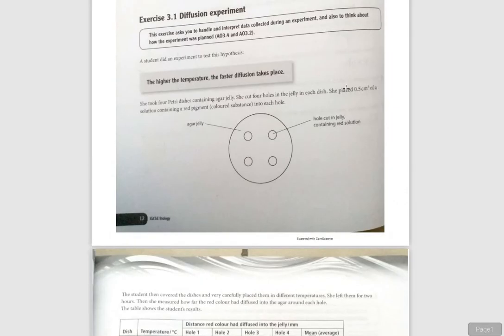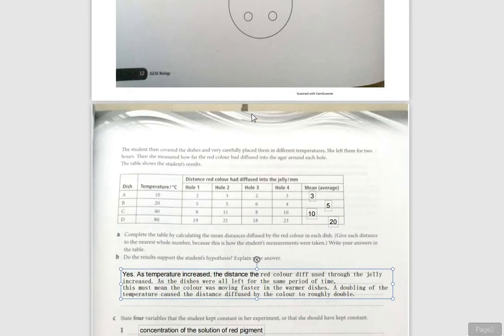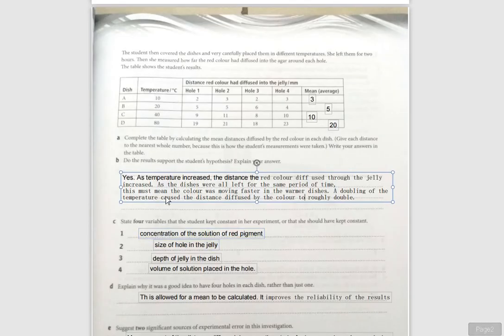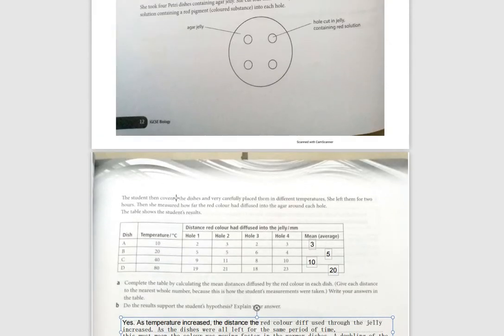They just said that she placed 0.5 centimeter cubic of a solution containing red pigment into each hole, meaning each hole had 0.5 centimeter cubic, right?